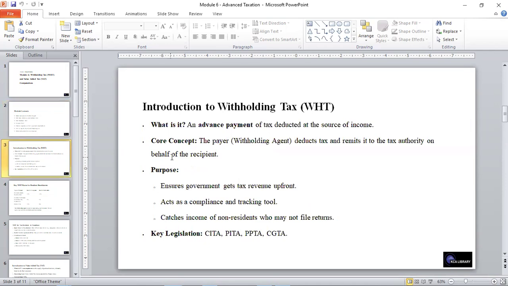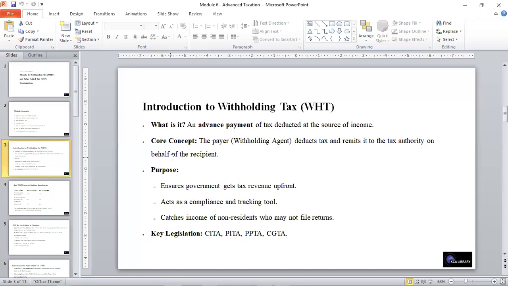Withholding tax is actually an advance payment of tax deducted at the source of income. The core concept is that the payer, who is the withholding agent, deducts tax and remits it to the tax authority on behalf of the recipient.